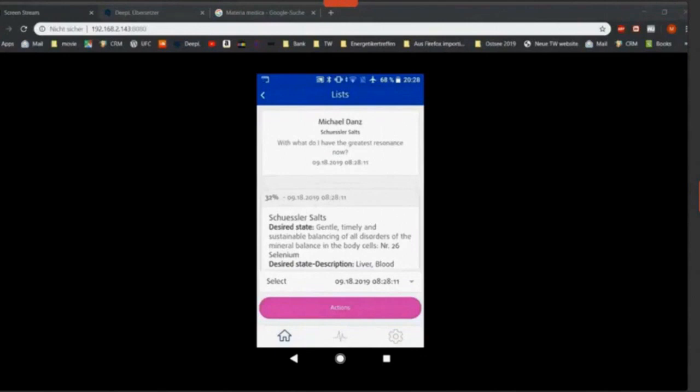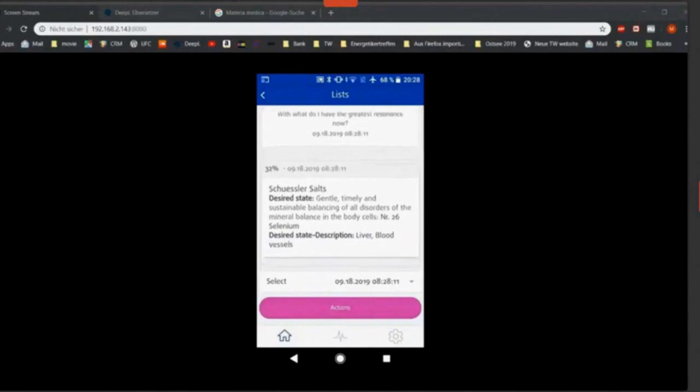But here you see, for example, Schüssler salts number 26. That would be the one highest for me now as recommended. So gentle, timely, and sustainable balancing of all disorders of the mineral balance in the body cells with selenium. What is this responsible for?